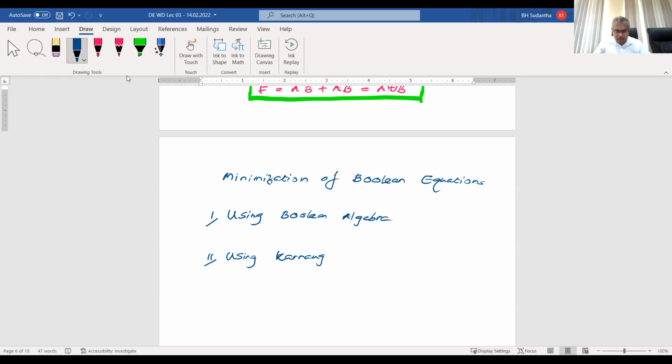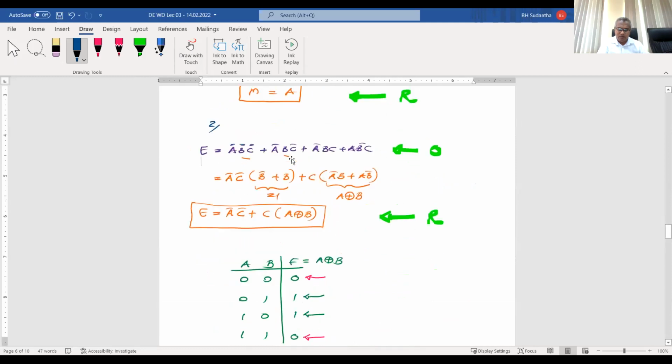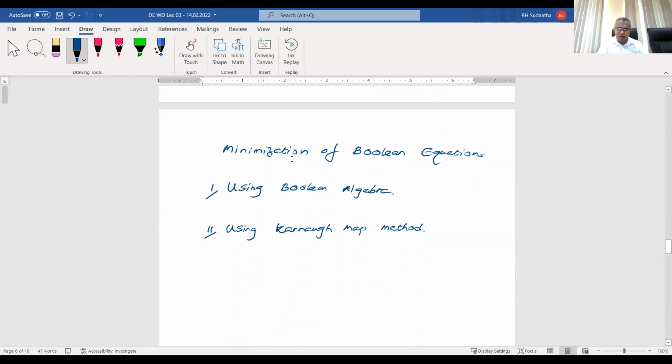Using the Karnaugh method, we can minimize equations. Okay, these are the two methods we can use for minimization. Whatever we have done here is using Boolean algebra, we have minimized the equation. The Karnaugh method is a graphical representation of the Boolean equation. And we can have a lengthy discussion of these two methods the next day.